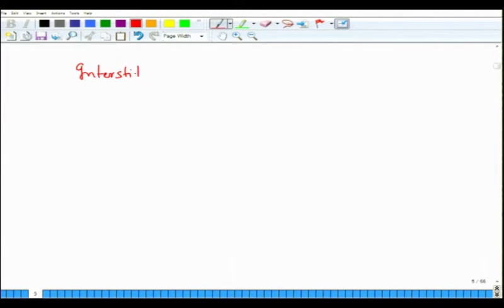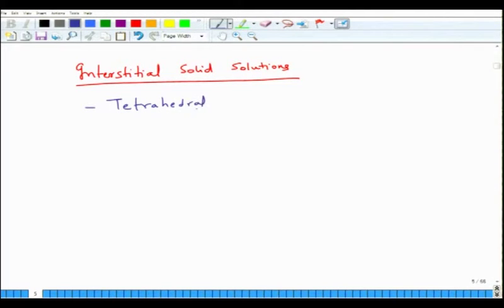And the second solid solution is interstitial solid solutions. In this, the interstices may go to a tetrahedral site or octahedral site.